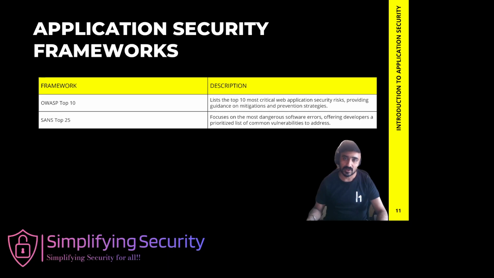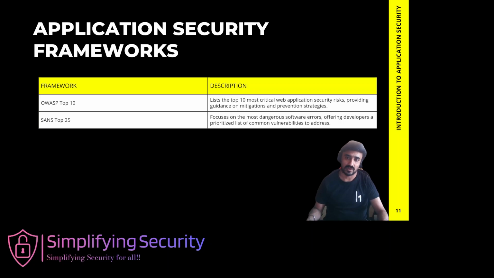Okay, so application security frameworks. I was talking about the checklist: how would I know what sort of vulnerabilities are there? There are a couple of frameworks like OWASP Top 10 and SANS 25. They publish their OWASP Top 10 list every 2 or 3 years by considering various factors, like what risks are in the market, what ones are being exploited, and why.